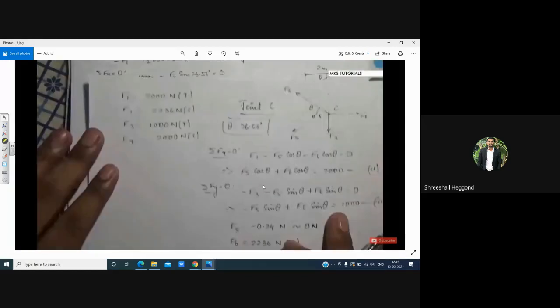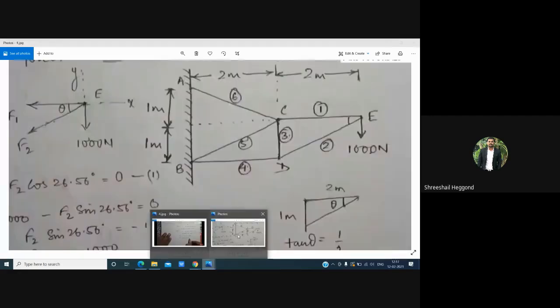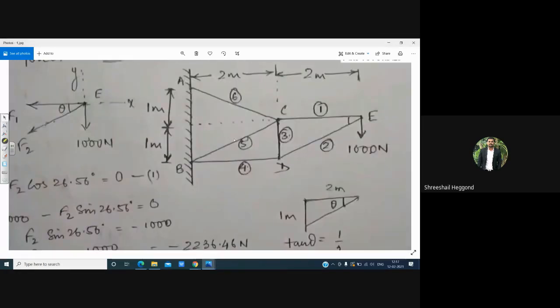Once you are done with this point, then we can go for calculation of the remaining members. F3 and F4 are done. Then F5 and F6 you need to calculate, and that is done by considering the C joint.